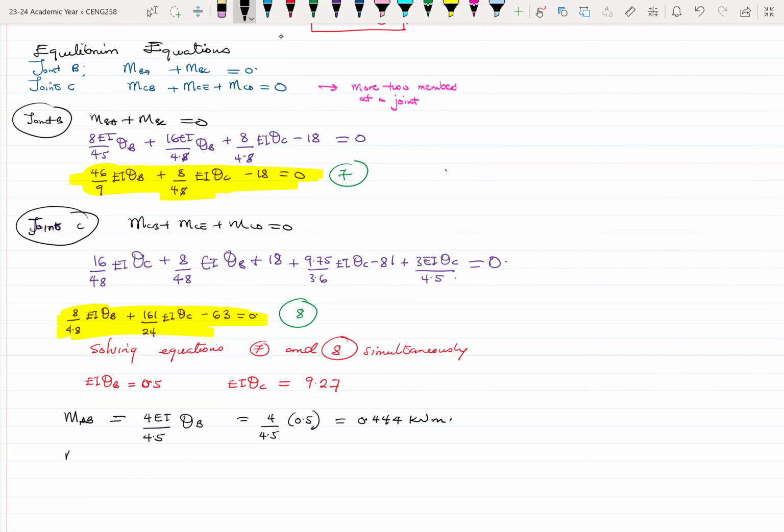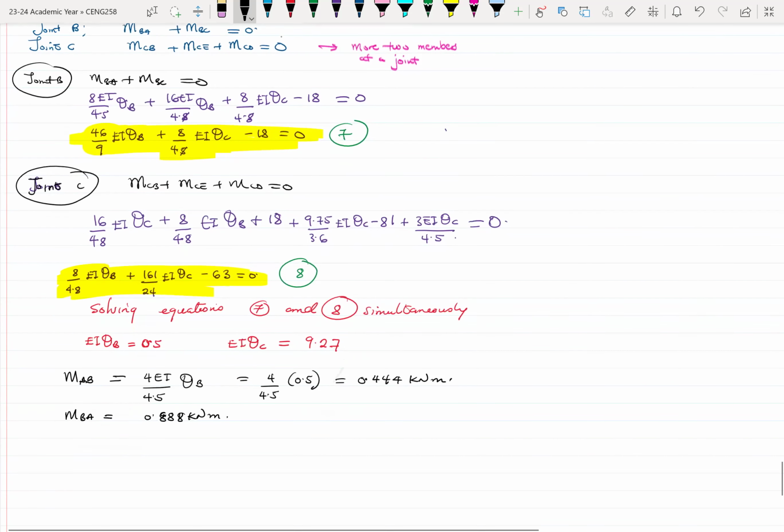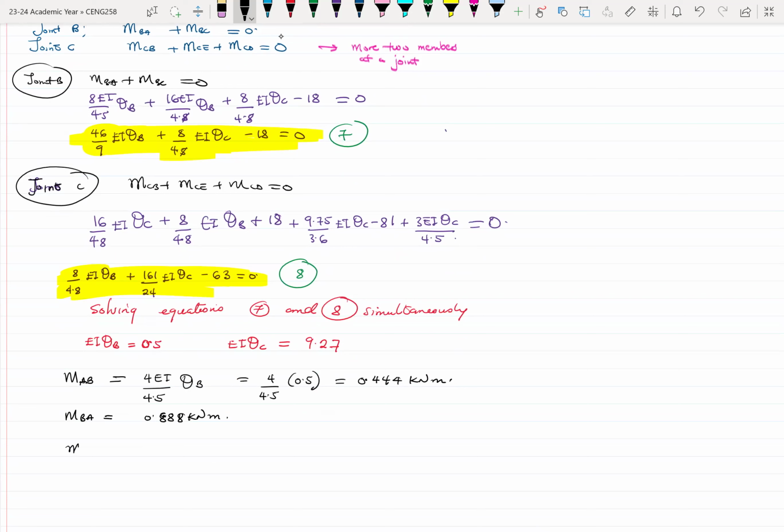Then our MBA would be 0.888 kilonewton meter, all right, or 889 or whatever. Then our MBC, so here I'm just inputting the values of EI theta B and EI theta C into the above equations, okay?